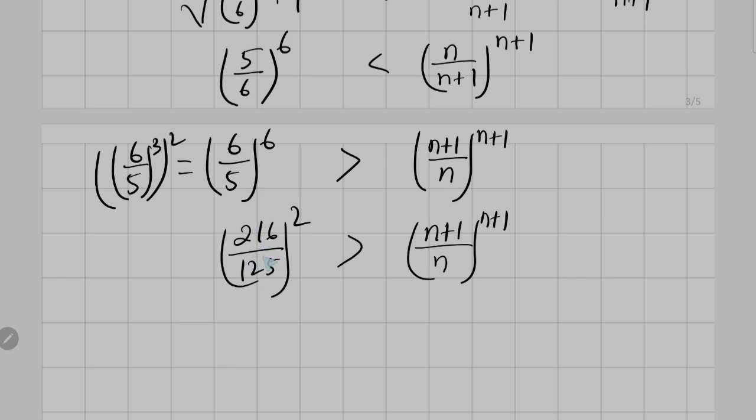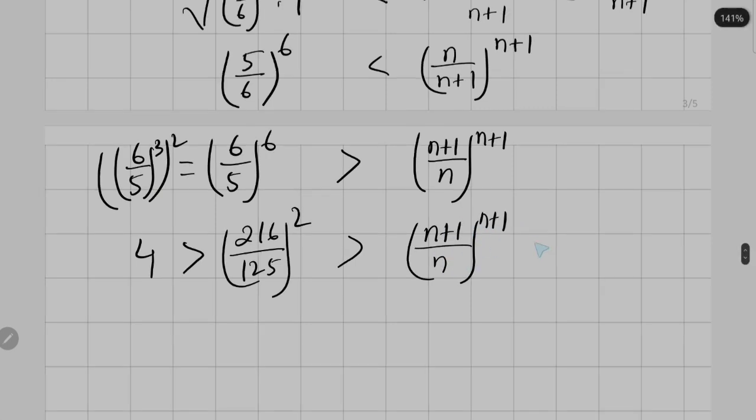So this quantity inside the parenthesis is less than 2, so the power 2 is less than 4. This means it is less than 4, and this quantity is bigger than 1. If we reduce the power, it is bigger than ((n+1)/n)^n.